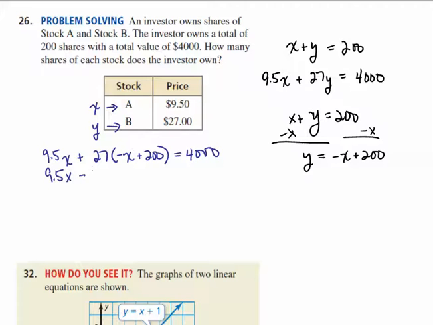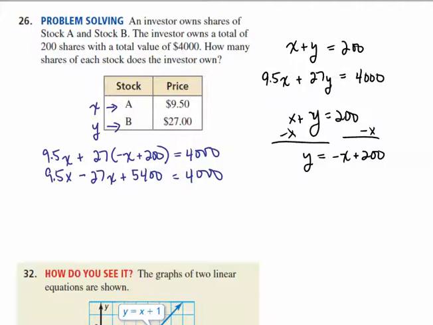9.5X minus 27X plus 27 times 200. 27 times 100 is 2,700, so 27 times 200 would be 5,400, is equal to 4,000.